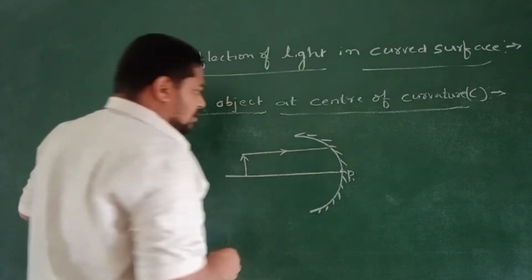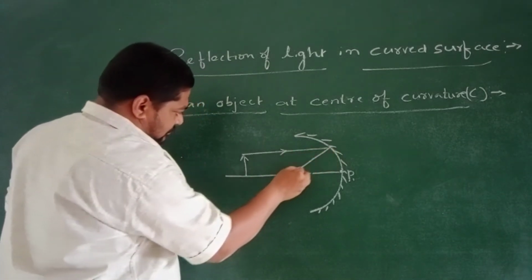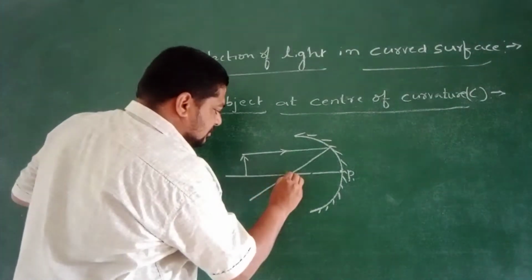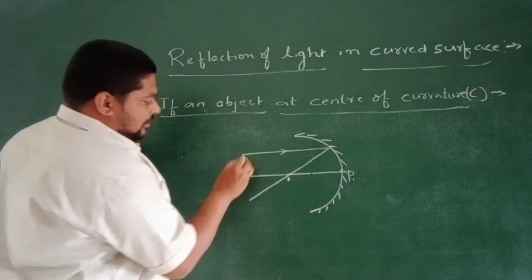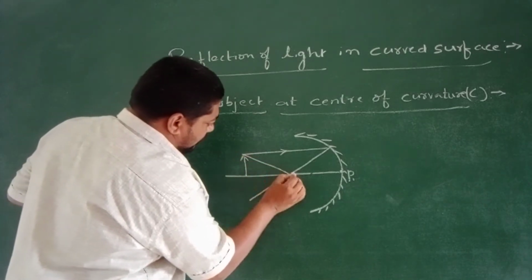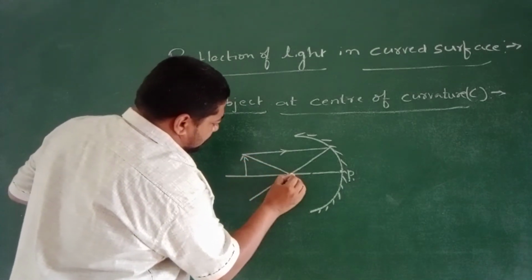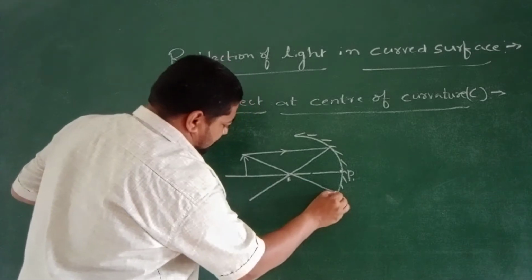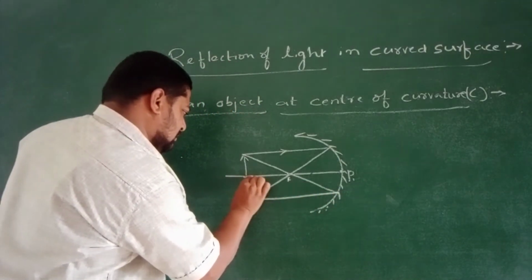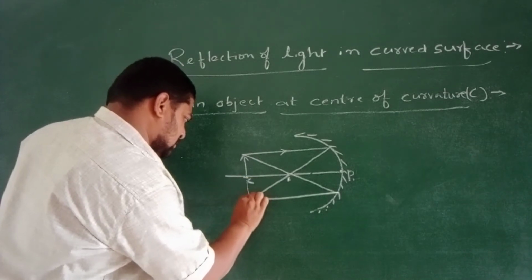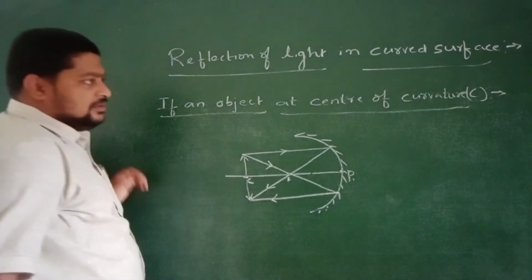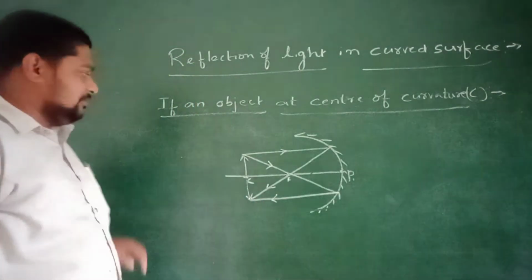First rule, after the reflection it passes through focus. Another ray, second rule, passing through focus, after the reflection it is parallel to the principal axis. So image formation at focus. Now nature of image.